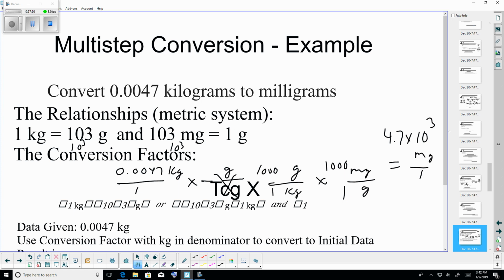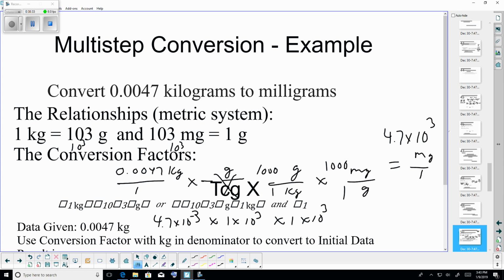So quick review. 0.0047 in scientific notation is what? 4.7 times 10 to the minus 3. We're going to multiply that by 1,000, which in scientific notation is 1 times 10 to the 3.